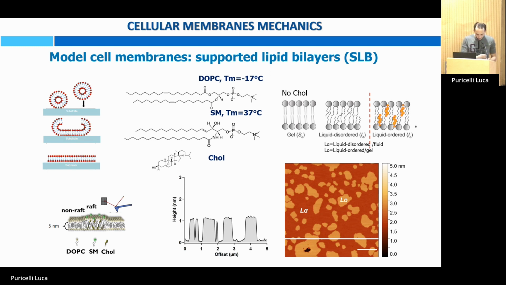Unfortunately, we cannot take the skin directly from the cells and place it on a substrate, but we can try to model these membranes by mixing several lipids and especially cholesterol.